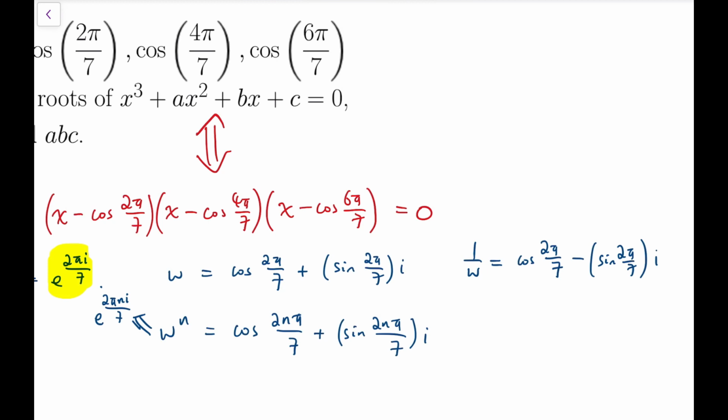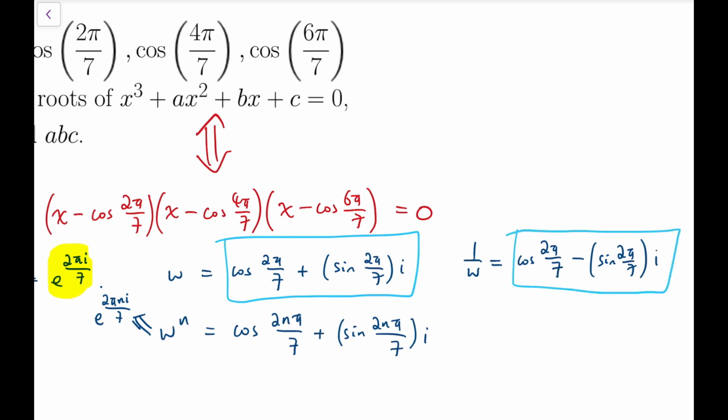And so from these two expressions, if I add them up, we get omega plus 1 over omega equals 2 cosine 2 pi over 7. And so that means I can write cosine 2 pi over 7 as half of this sum.